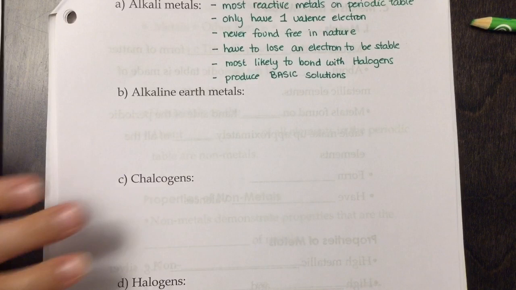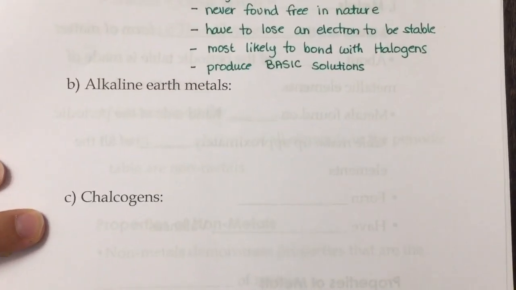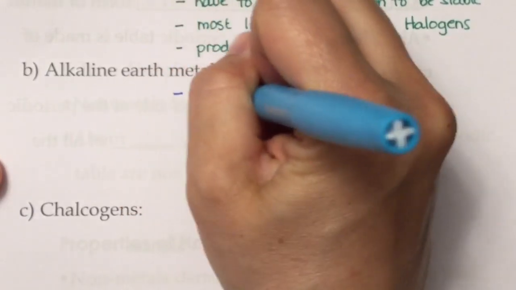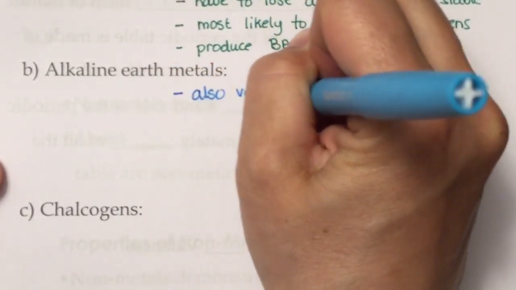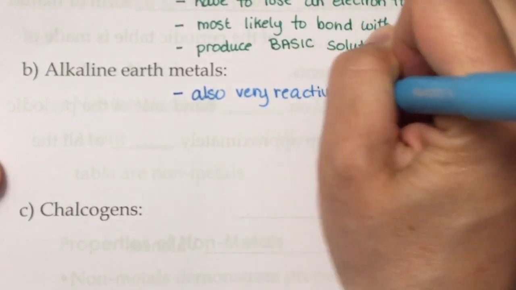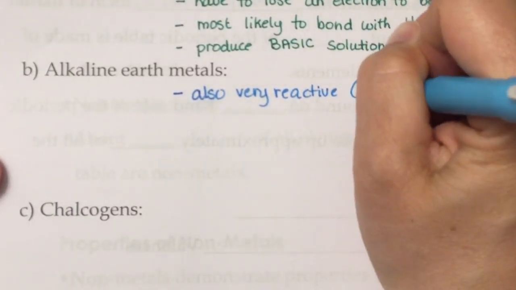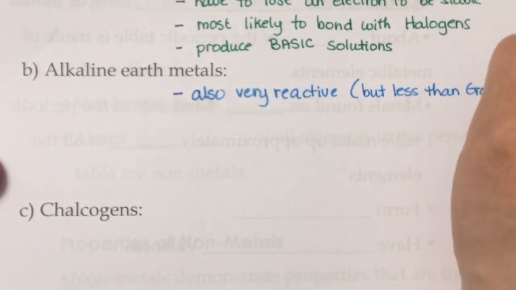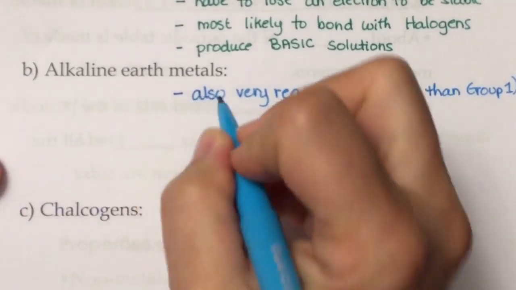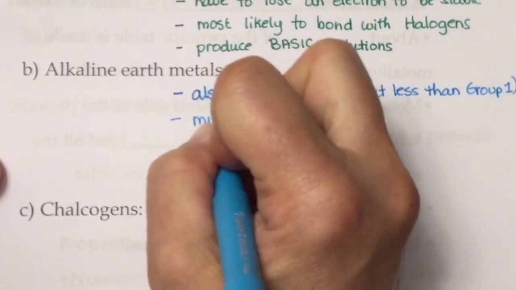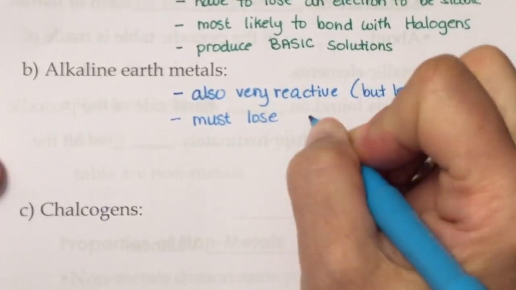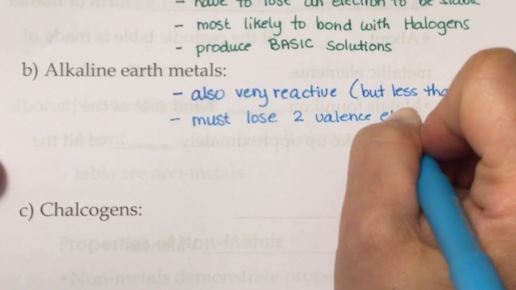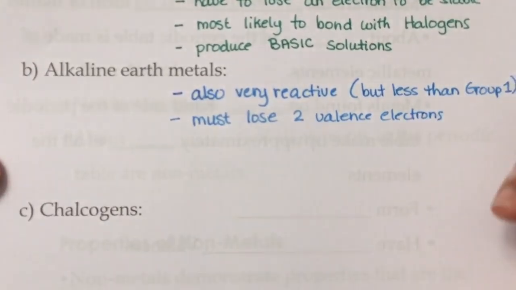So alkaline earth metals, here I'll make this a little bit bigger, okay, they're also very reactive, but a bit less than group 1. Okay, they must lose how many valence electrons? 2. They must lose 2 valence electrons to be stable.